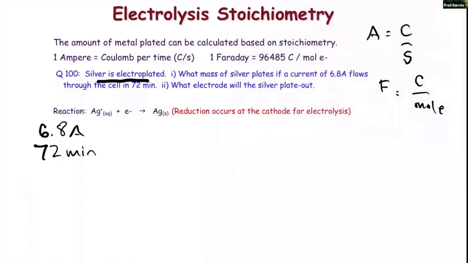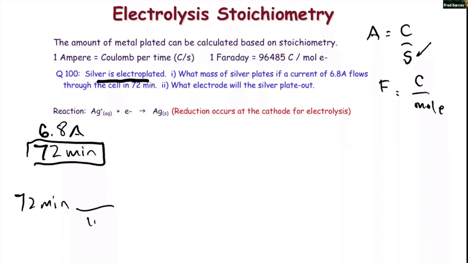So let me show you how you would approach a problem like this, just using plain dimensional analysis. We have 72 minutes, and we know we need seconds because that's the unit of amperes. So change 72 minutes to seconds so that you can do dimensional analysis. For every 1 minute, there are 60 seconds.